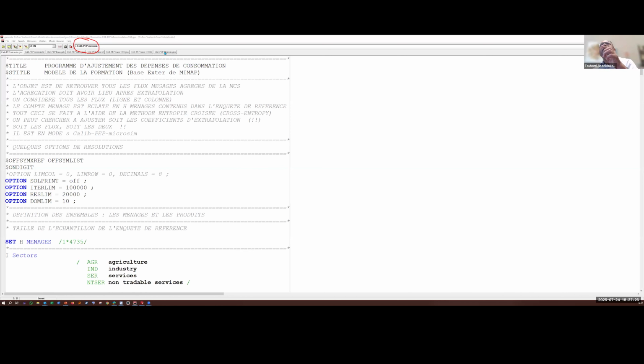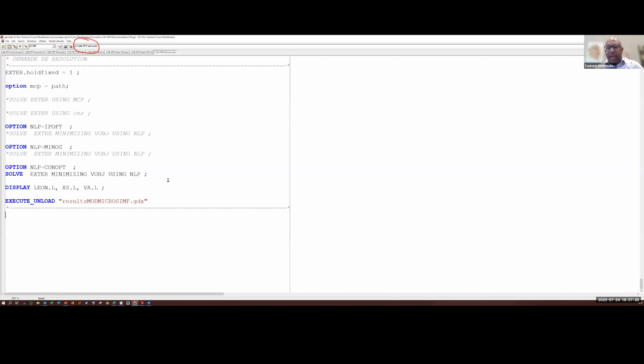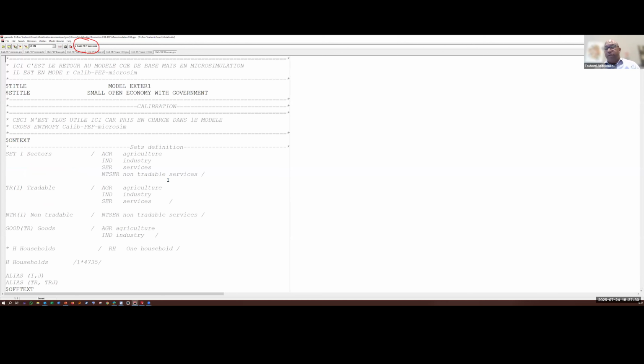Look here. This is our model. The very difficult part when we are doing full integrated microsimulation is when we go from what we constructed before to the real model, and I will show you what we have to change. Look, now I am in another file. Look at what we put here.